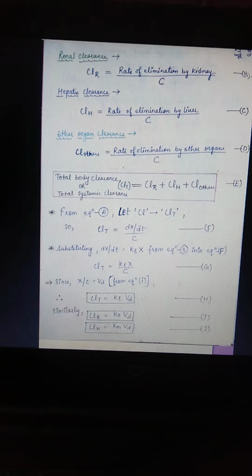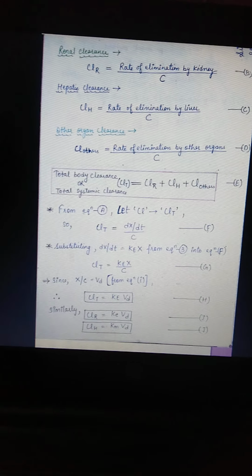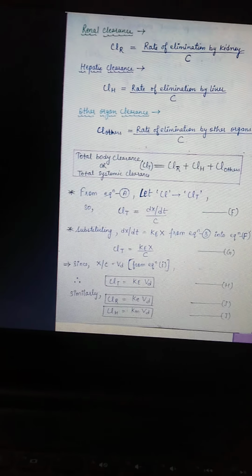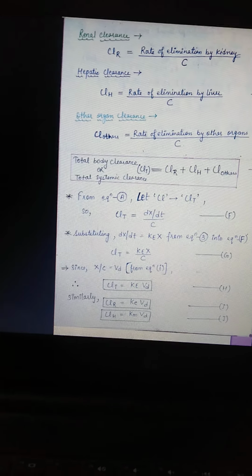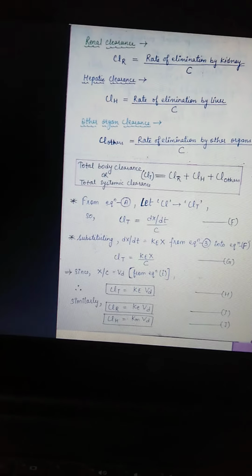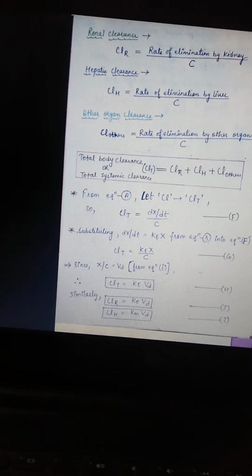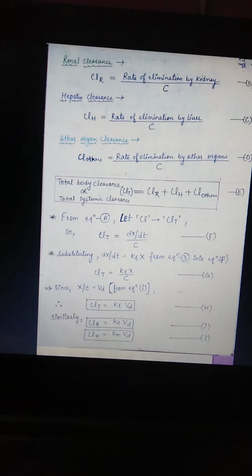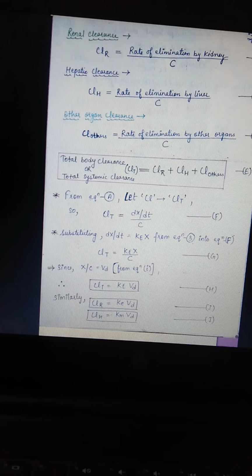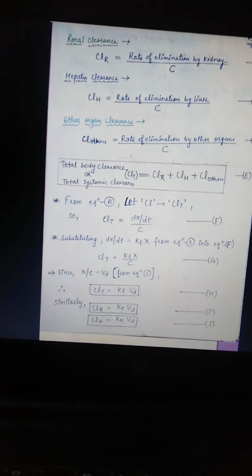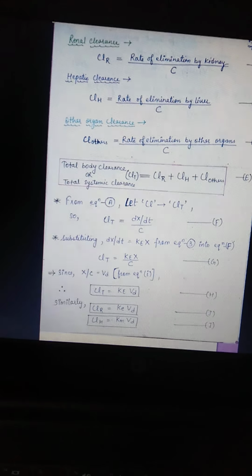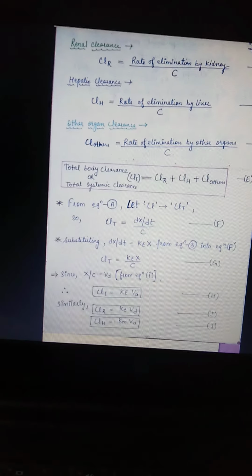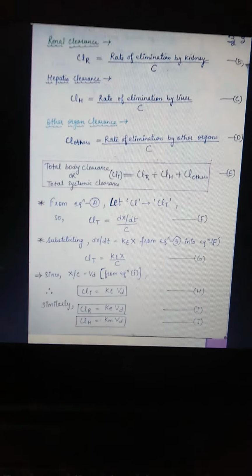And other organs, such as skin and hair, that also act as clearing organs, are known as others. So the total body clearance, the total systemic clearance, is an additive property of individual organ clearances. Because of the additivity of clearance, the relative contribution by any organ in eliminating a drug can be easily calculated.